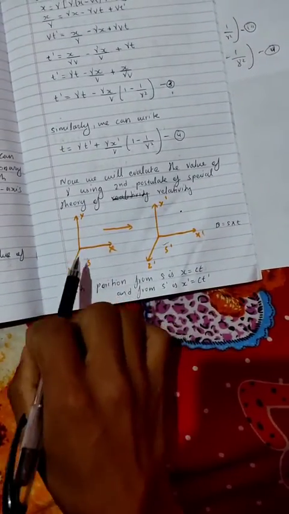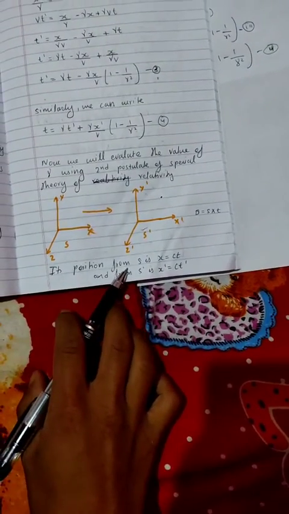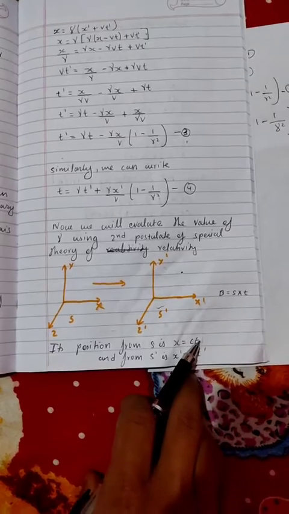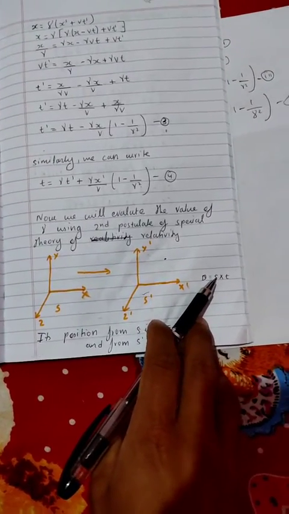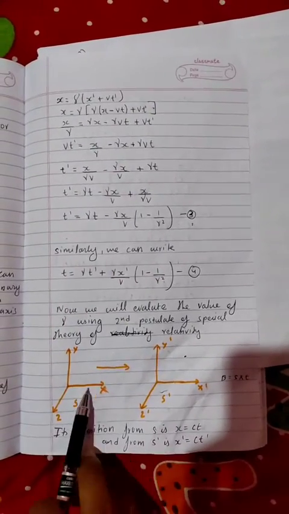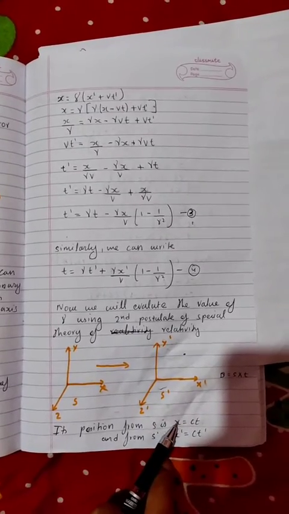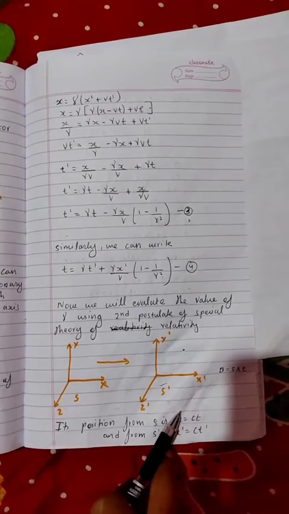So this is the graph for it, and its position from S is x equals ct. This is the formula of distance equals speed into time.